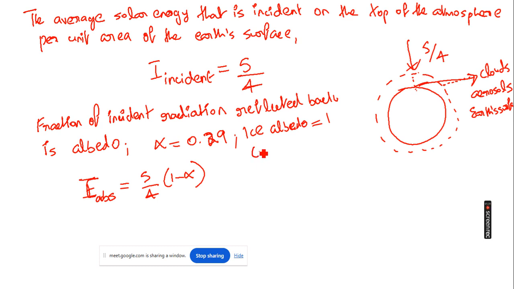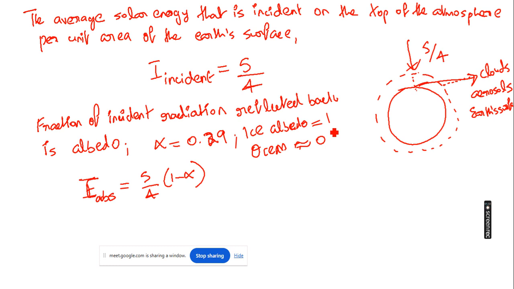And in case of ocean or water surfaces, albedo is approximately close to 0, or very less. Not exactly 0. So we have different kinds of surfaces, and the average alpha value is taken to be 0.29.